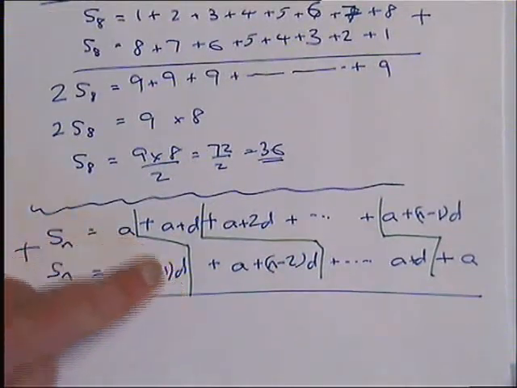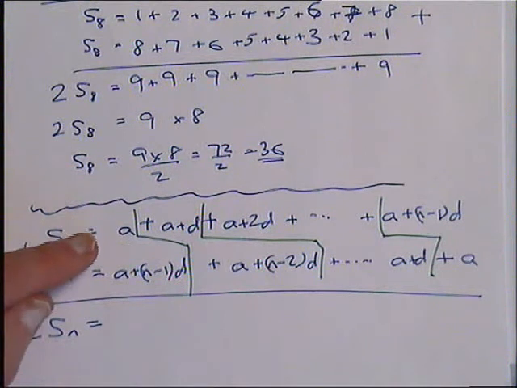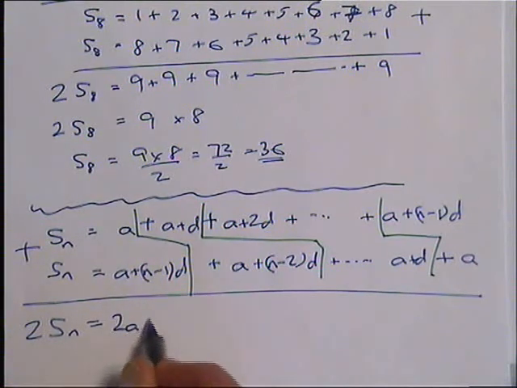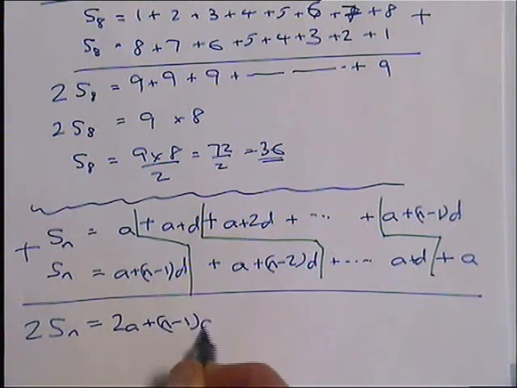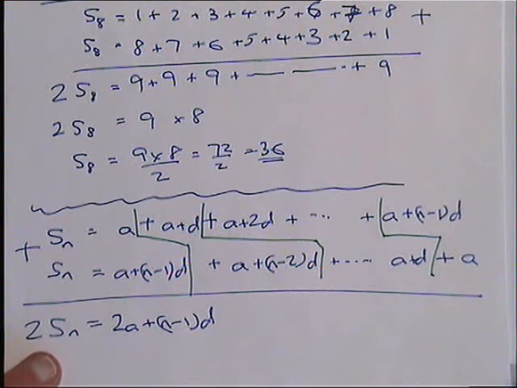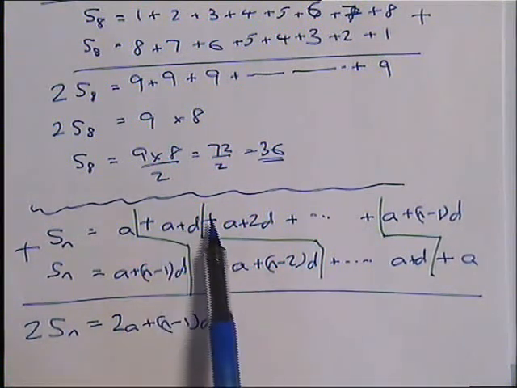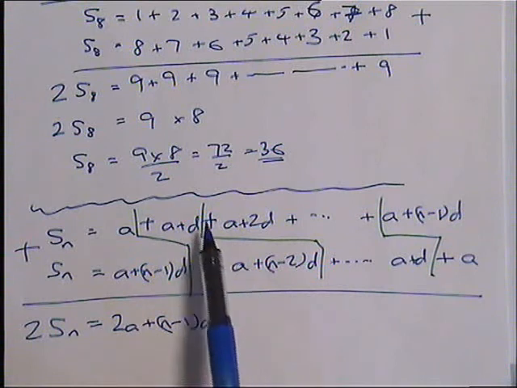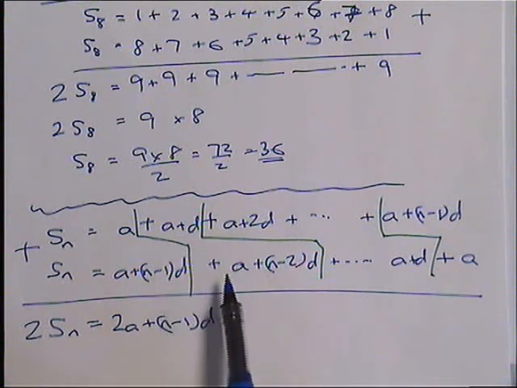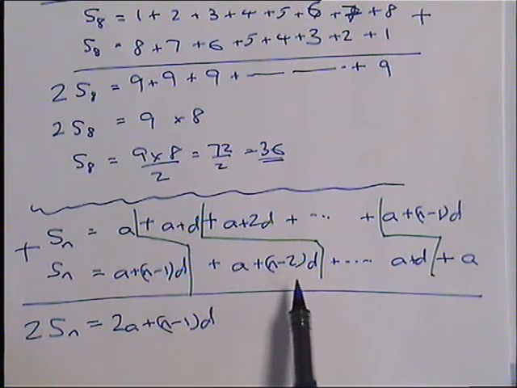So this side of that green line, what is A plus n minus 1d? 2a plus n minus 1d, that's correct. That's a 2Sn there, so that's that first column. Now over here, in this column, I've got a plus d plus a plus n minus 2d.